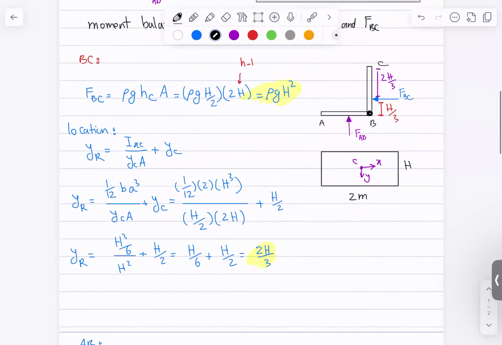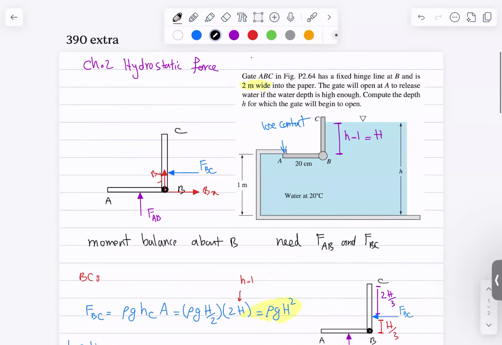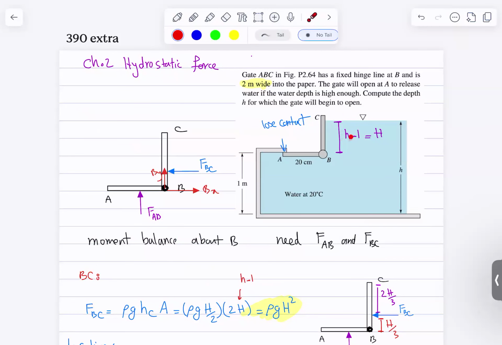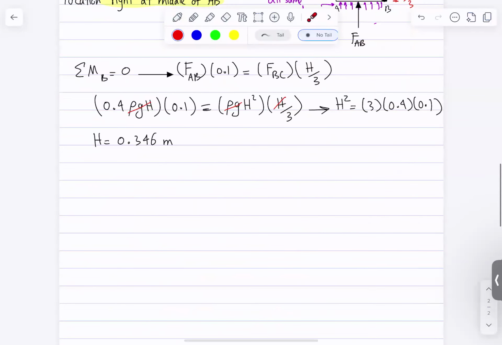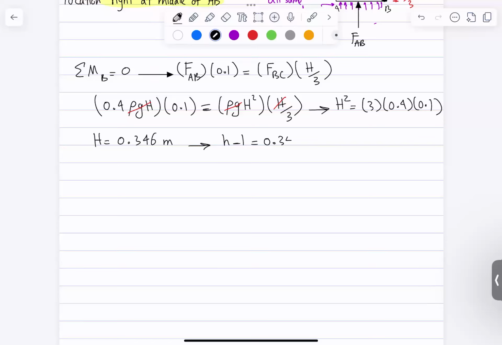But remember, H is the variable we defined, which is h minus 1. We really want to find the small h, not the capital H. So small h minus 1 is this much, which means the small h is 1.346 meters. And that is our answer.